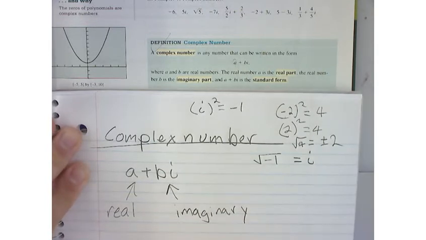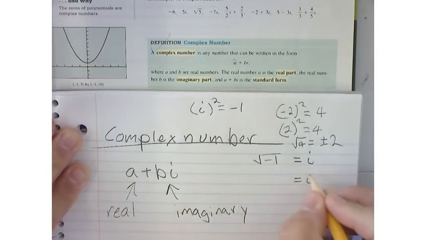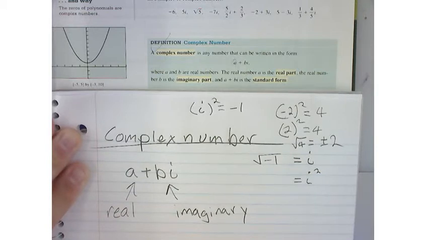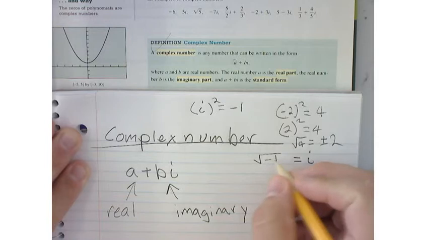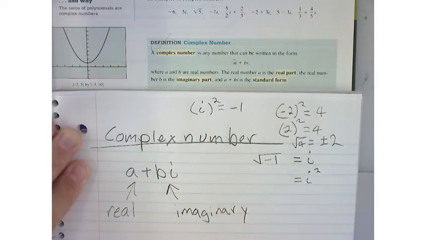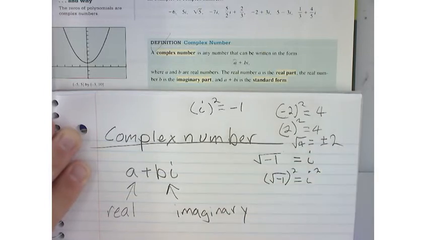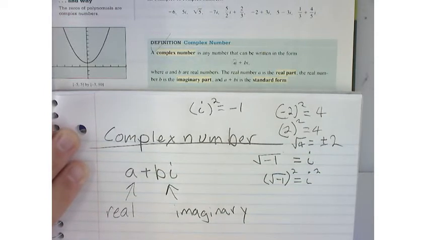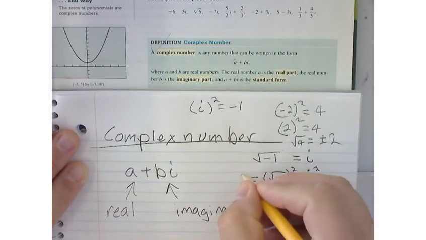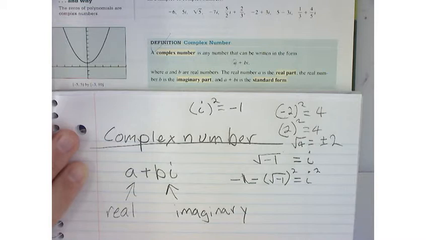With that being said, if I square both sides, then i squared should equal what? The square root of -1, squared, which is, when I square a square root, what am I left with? Just the base. So -1 is actually the same as i squared.